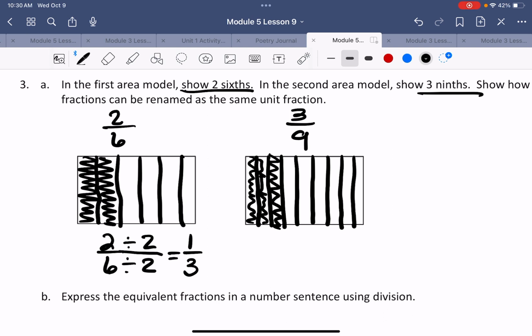We're going to take 3/9 and divide it by 3, which equals 1/3. We just showed that 2/6 is equal or equivalent to 3/9. They both equal 1/3.